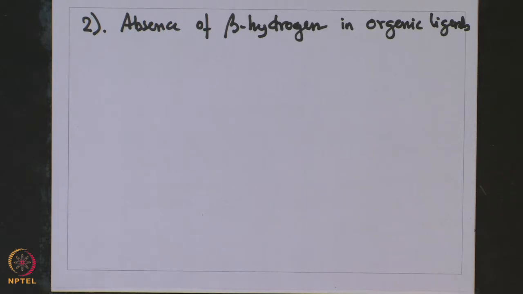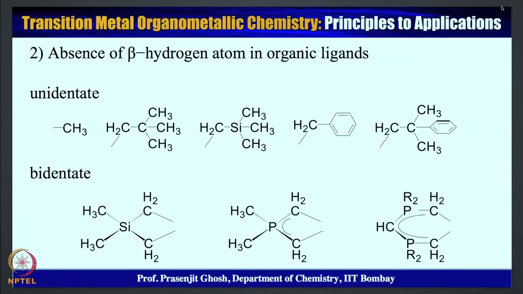We are going to take a look at some of these ligands. When these ligands are attached to the metal in transition metal organometallic complexes, those complexes tend to be more stable than the ones which had beta hydrogen.